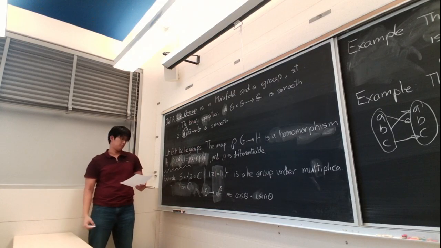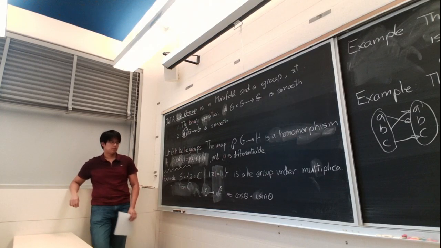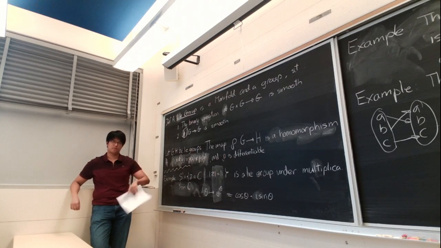So why is this a better chart to use than the stereographic projection? On S1, I have a group structure where I can multiply two numbers. So far, we only have one chart.